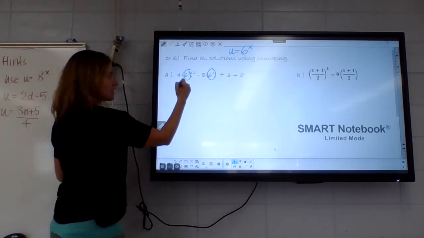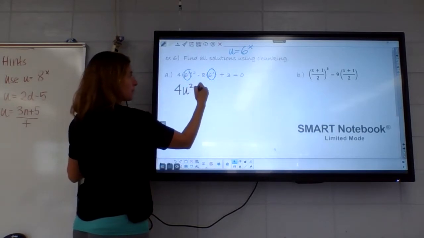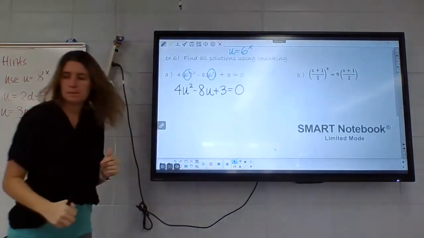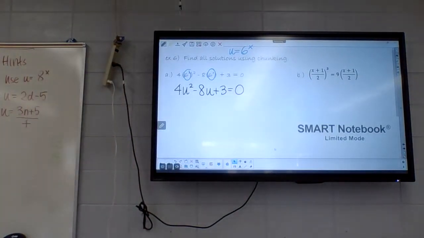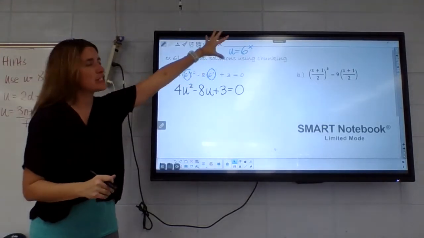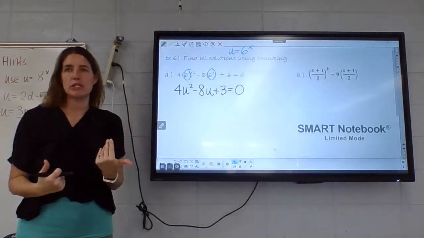So I'm going to rewrite this problem. Again, I figure out what my u needs to be, set that aside, and solve the new problem using u's.